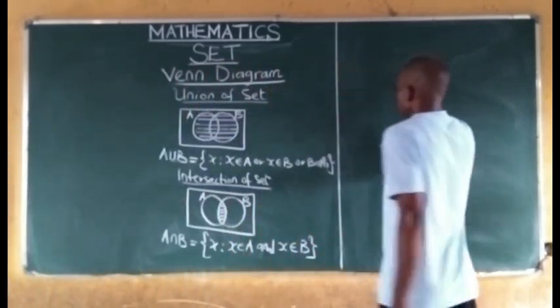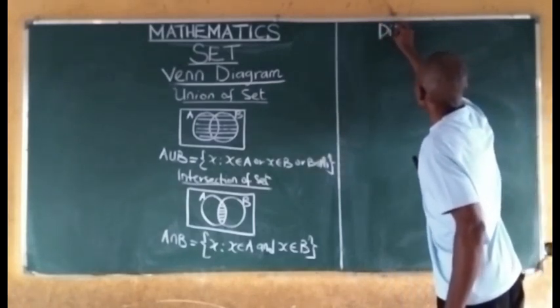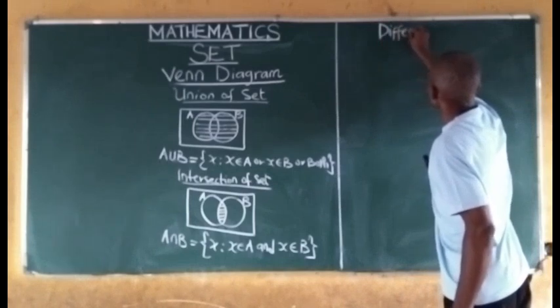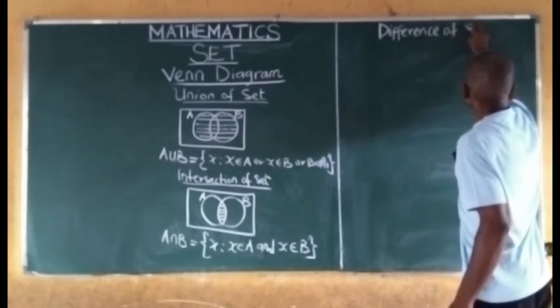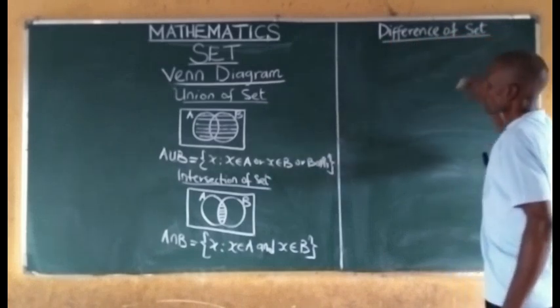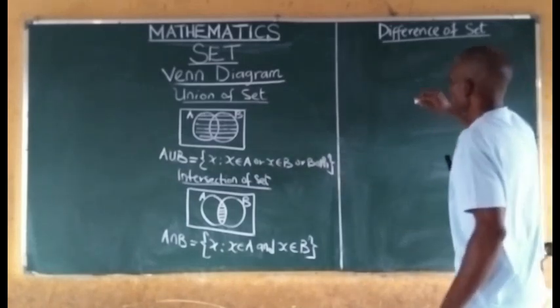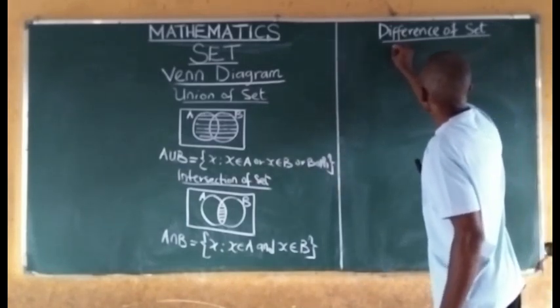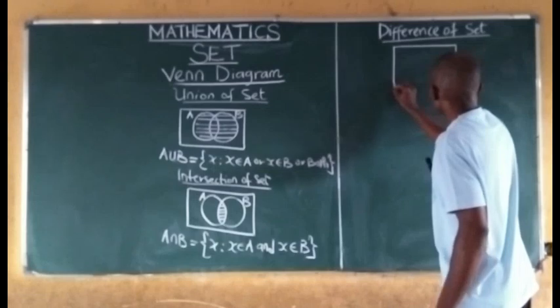We also have the difference of sets. The difference of sets A and B can be represented in the Venn diagram in this form.